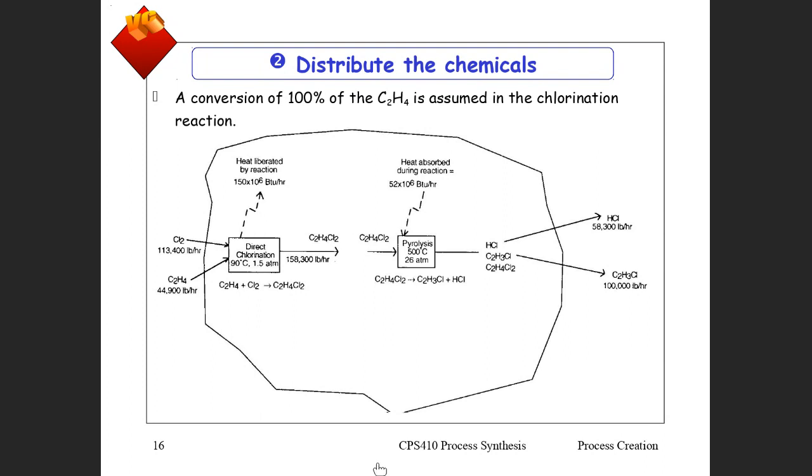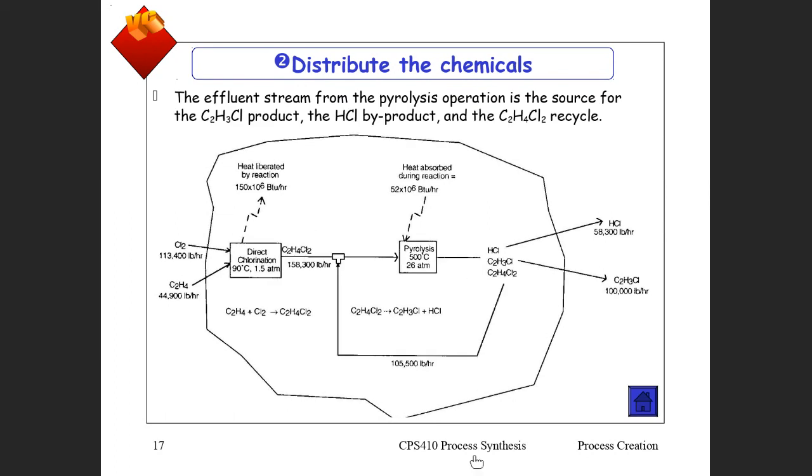I just want to go through to the recycle. So we're looking at the conditions, we're looking at the exothermicity, and now we're going to see what about that. This one is going out, but what about that? Obviously, we're going to take that dichloroethane and we're going to recycle it through to there. So there it's shown, and now you can work out exactly how much you would recycle.